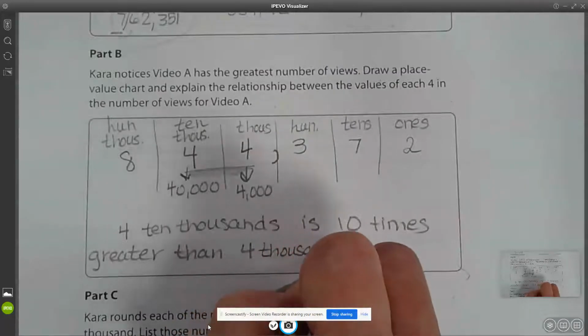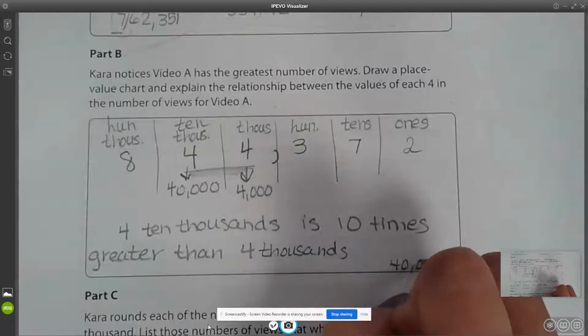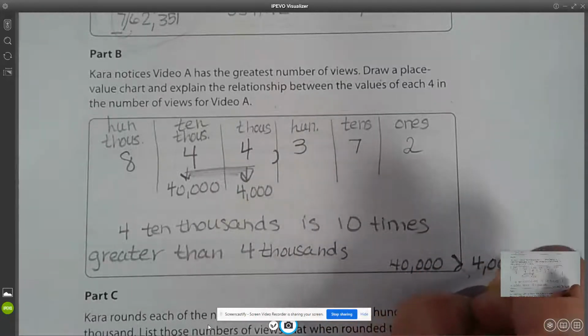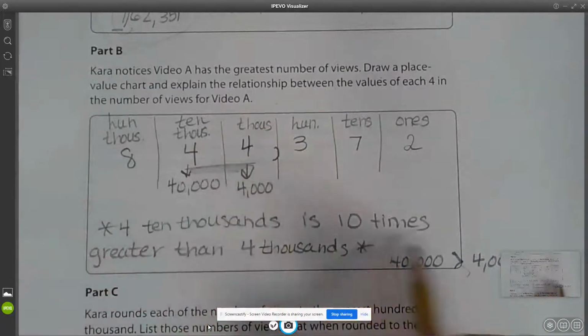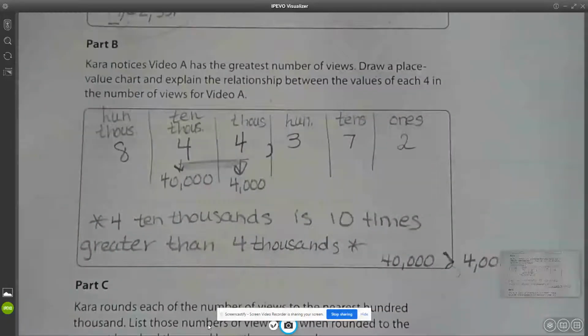Okay. We could also say that 40,000 is greater than 4,000. Okay. This would be your perfect answer. This would be an okay answer.